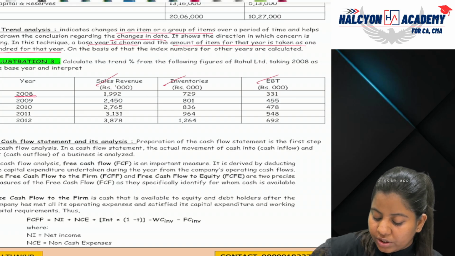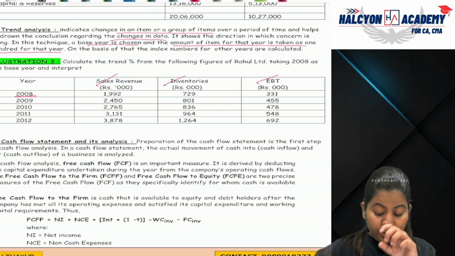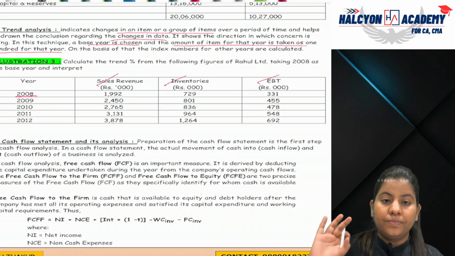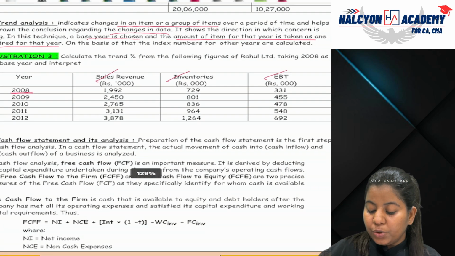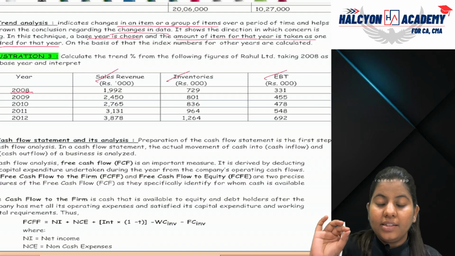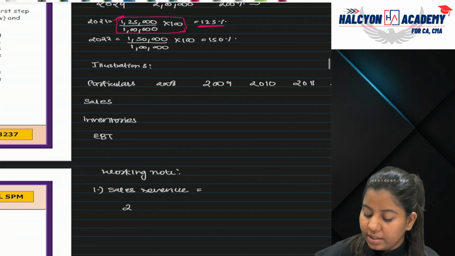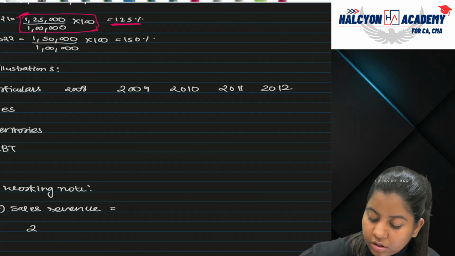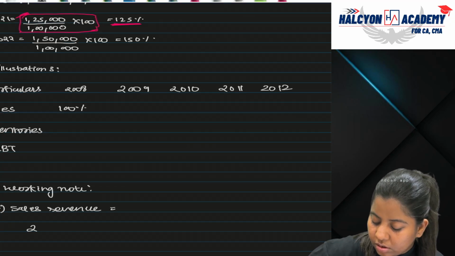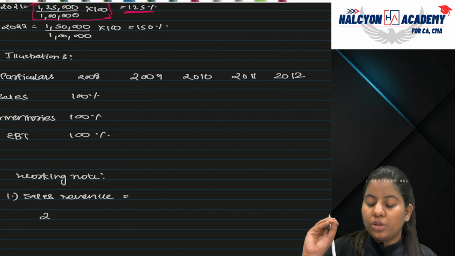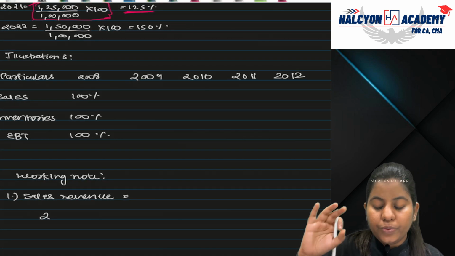We will take 2008 as base. So the sales revenue, inventories and EBT for the base year will be 100%. Then we have to find out it for 2009, 2010, 2011 and 2012.